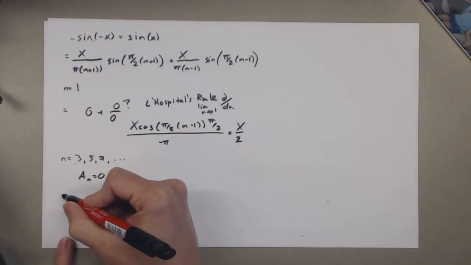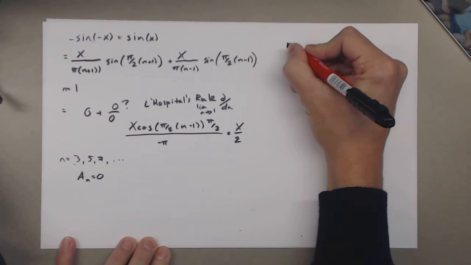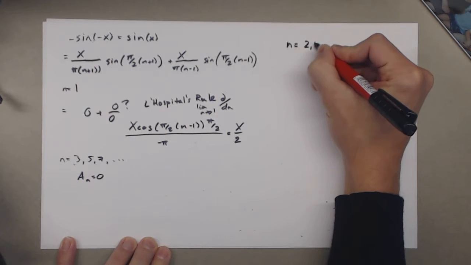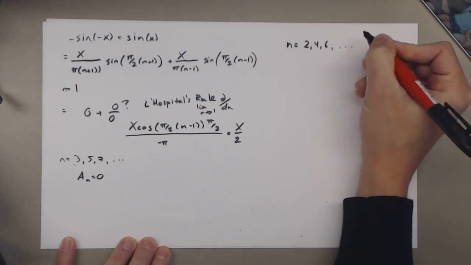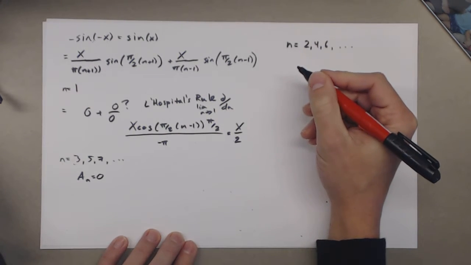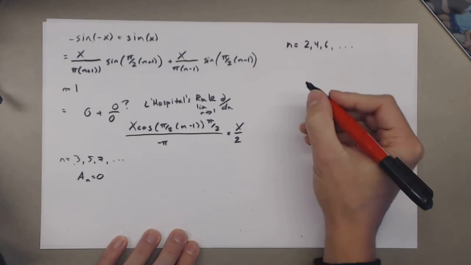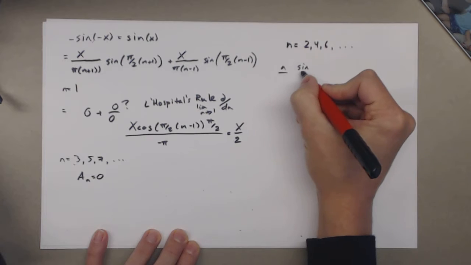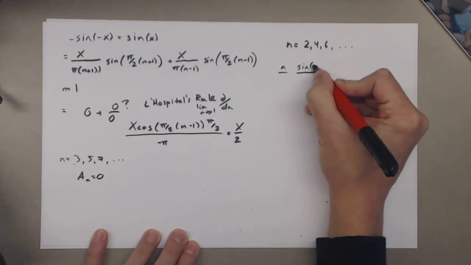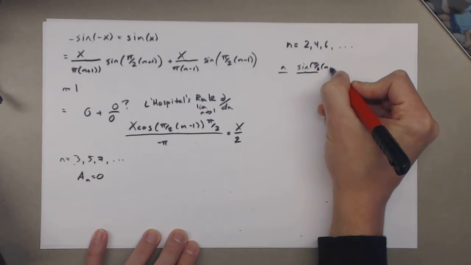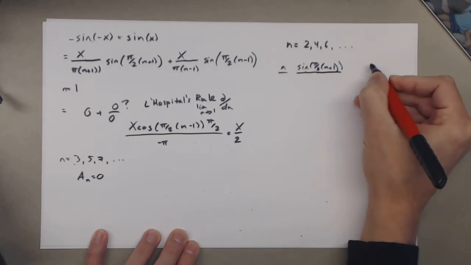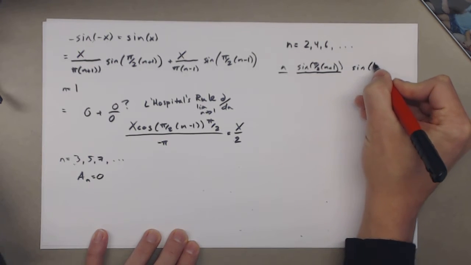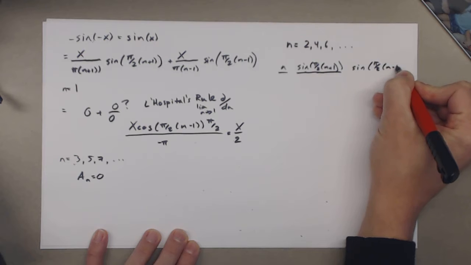What about then the even numbers, n equals 2, 4, 6, etc.? Well, if we just evaluate sine of pi over 2 times n plus 1, and let's evaluate sine of pi over 2 times n minus 1.